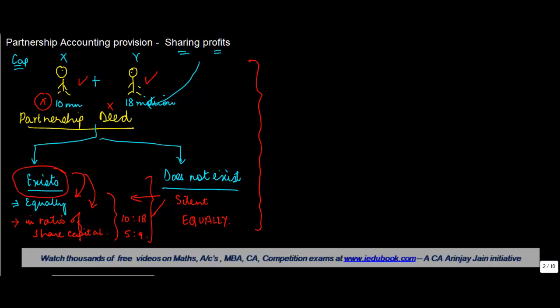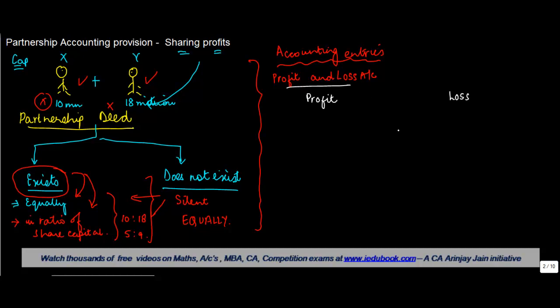Now let us understand what the accounting entries are in such a case. In a partnership, just like any other business, you will have a profit and loss account, right? Now this account can have two types of balances. One is when there is a profit, the other when there is a loss.